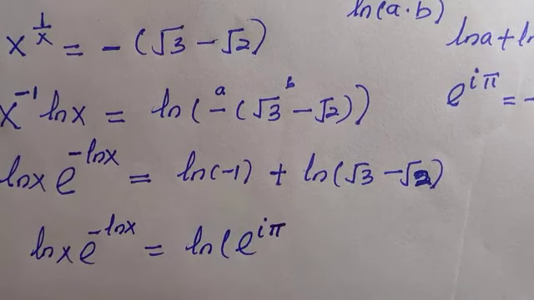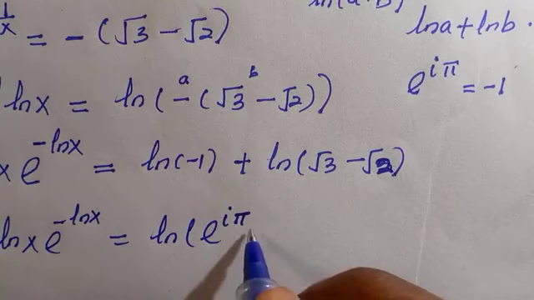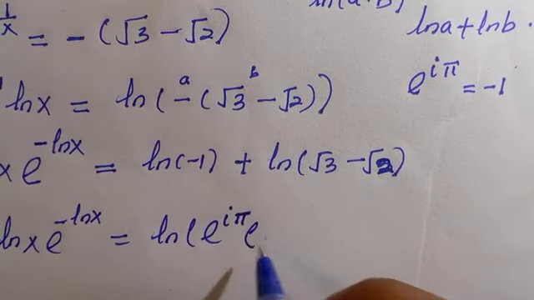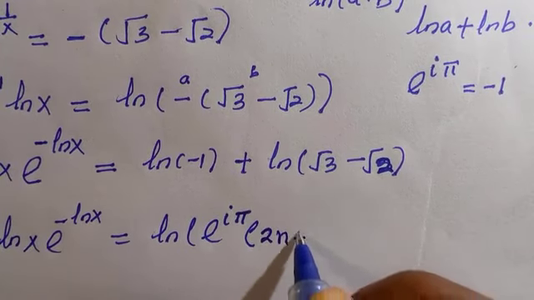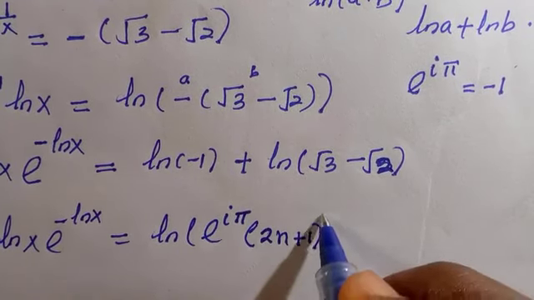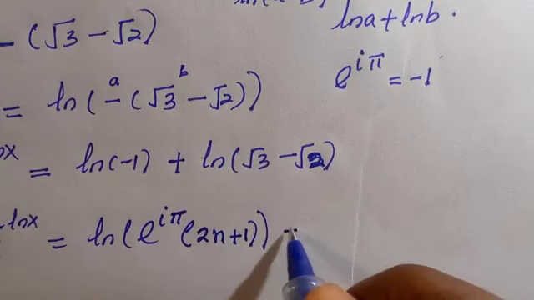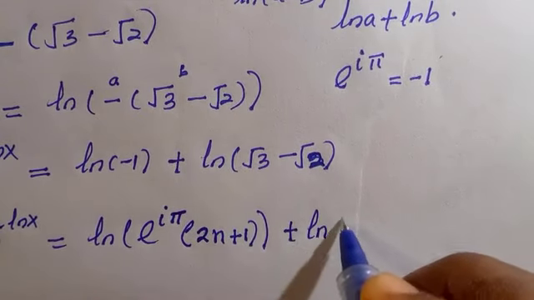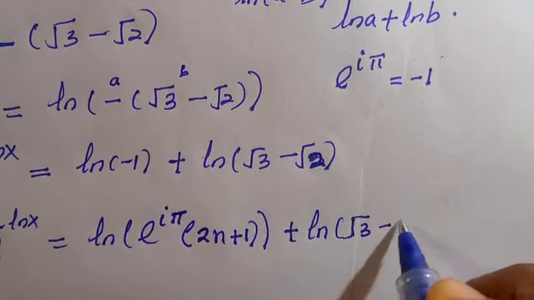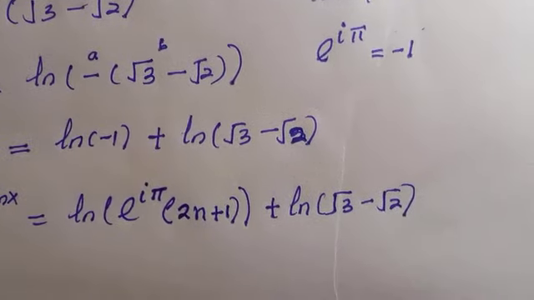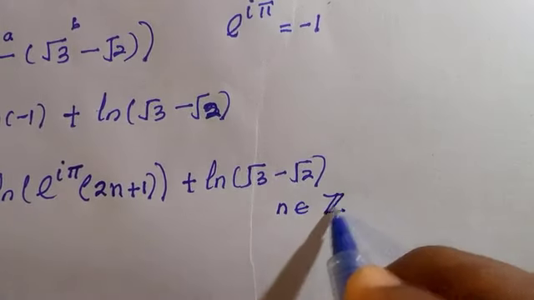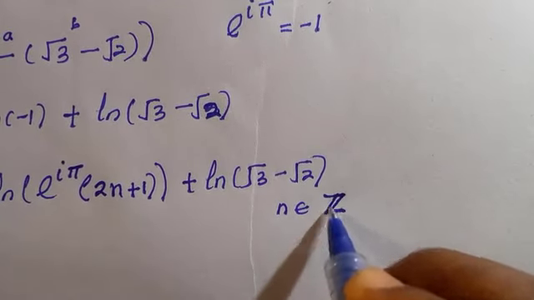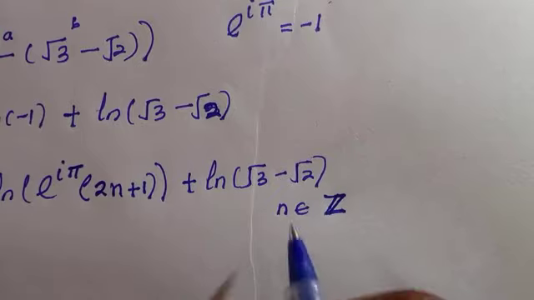I'm not going to limit myself here because for every n we can have as many as n. So we're going to have 2n plus 1 to this, plus ln of root 3 minus root 2, where n is a member of the integers, for all n.